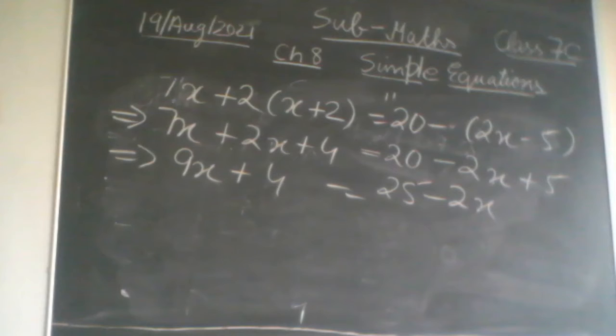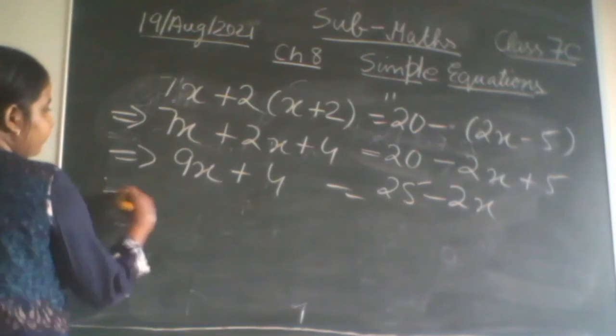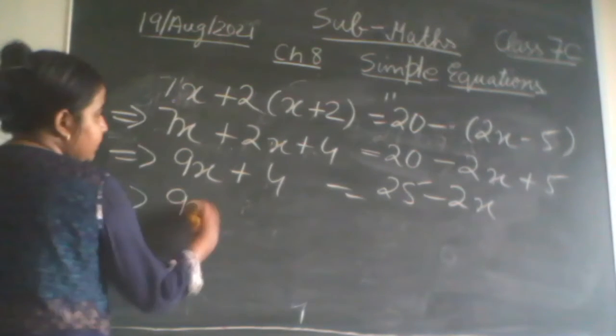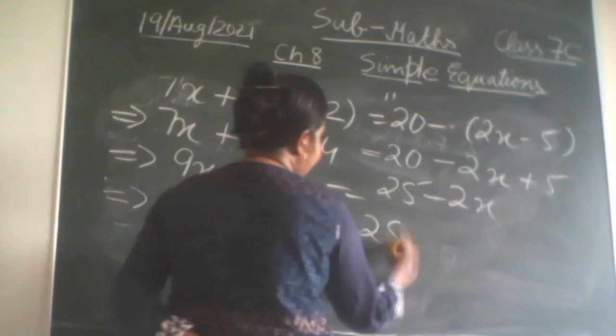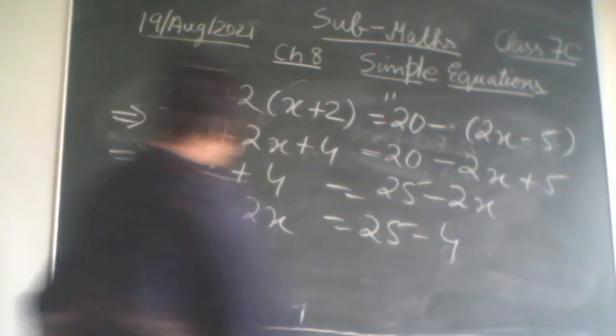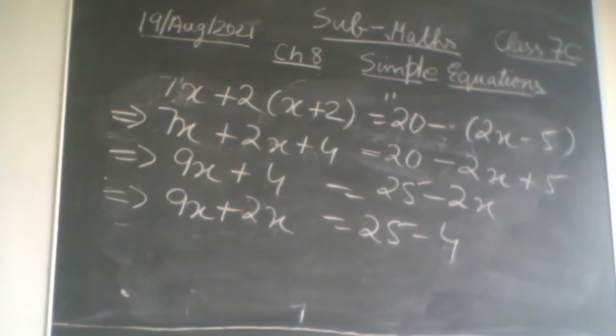Now, okay. 9x plus 2x and 25 minus 4. Is that right? So how much? 9 plus 2 is 11, right? Yes, ma'am. 11, and 25 minus 4 is how much?